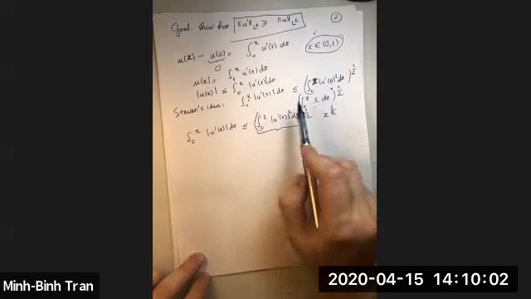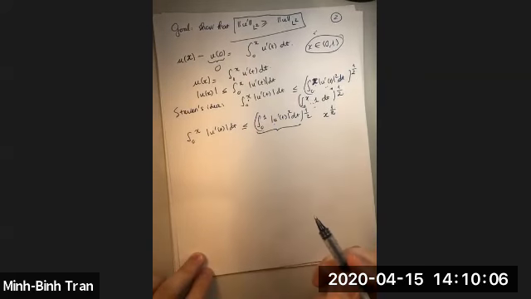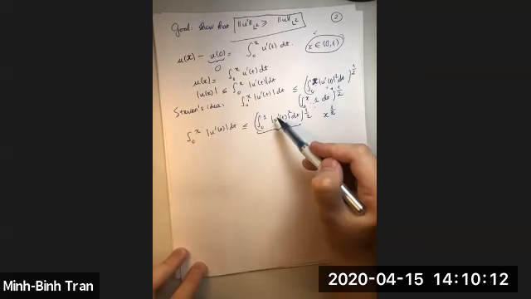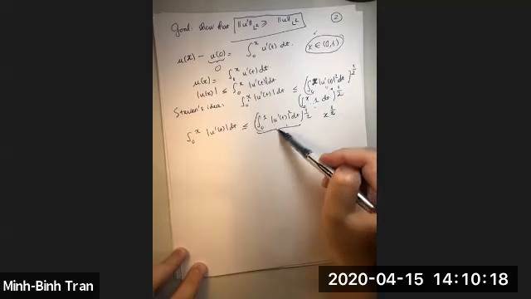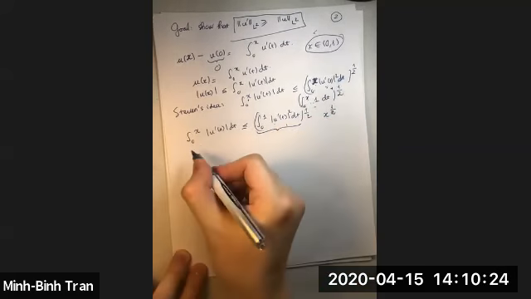Okay. But this x is smaller than 1, so it's fine that you extend it. The integral from 0 to x is smaller than the integral from 0 to 1, and because x is from 0 to 1, I can bound this one by this quantity, and this is still fine, right? So what I do is the following.